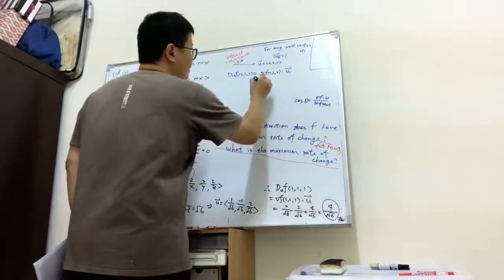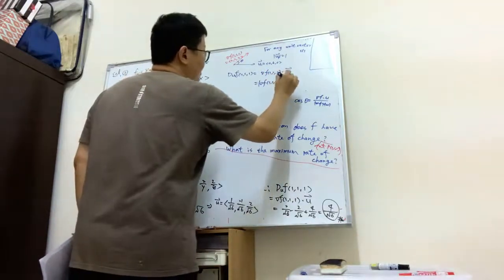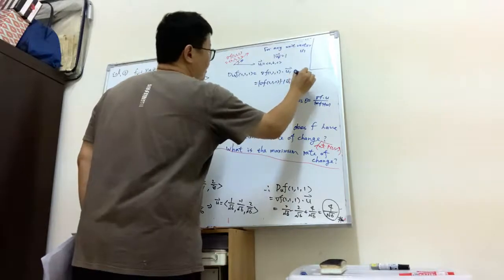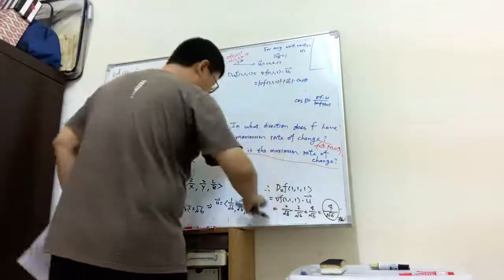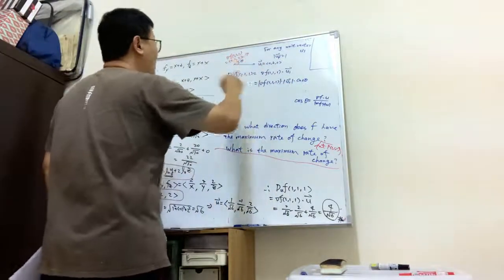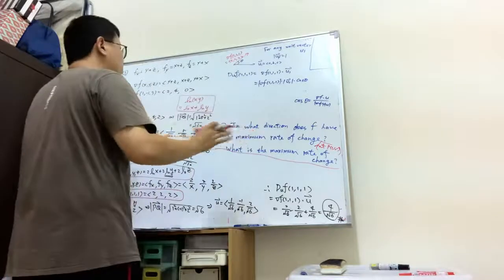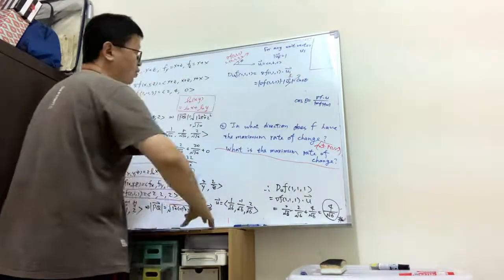So we have gradient f(1,1,1) length times u1 length times cosine theta. And u1 is a unit vector, so for any unit vector, even if I don't know which one, its length is always equal to 1.